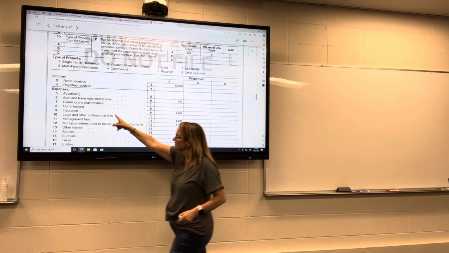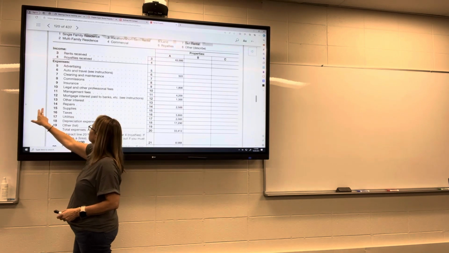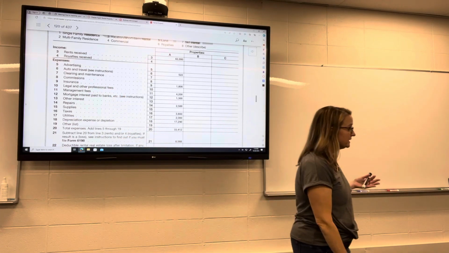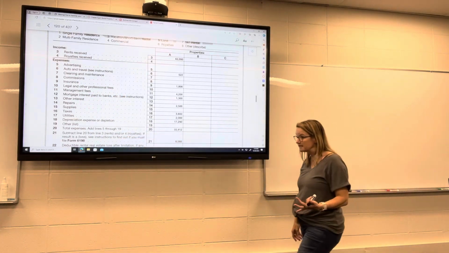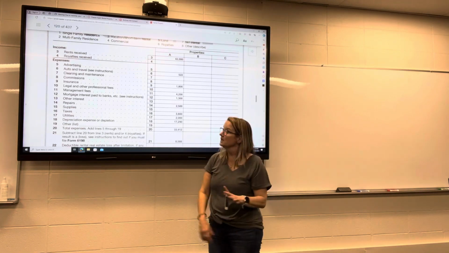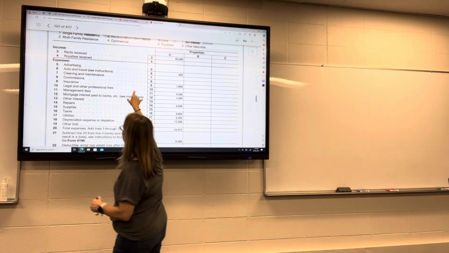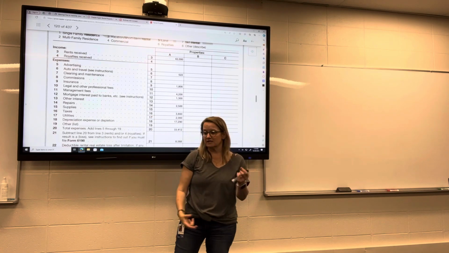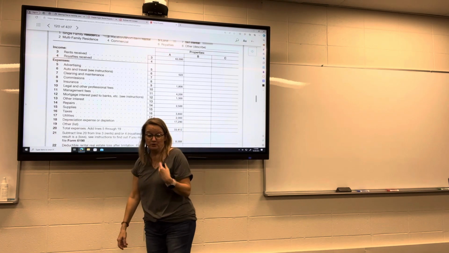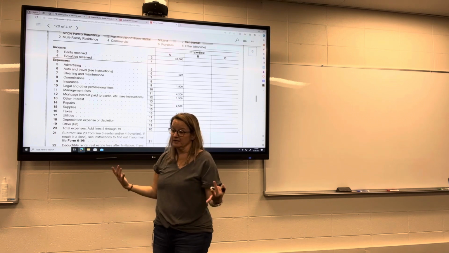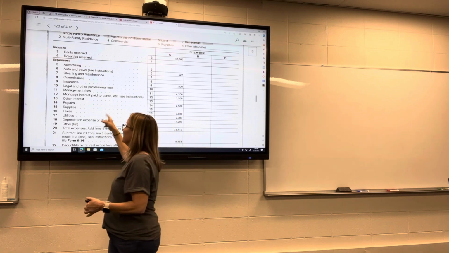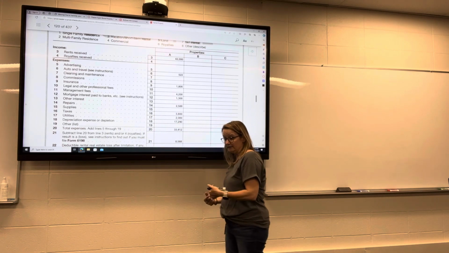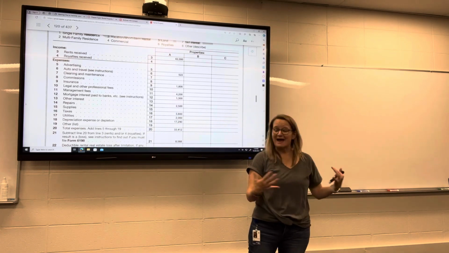You'll see a lot of these look familiar, right? A lot of these categories are similar to the expense categories that we had on the Schedule C. Some of them are a little bit different though. We didn't have management fees listed specifically on the Schedule C. That doesn't mean that we wouldn't necessarily have management fees for something on the Schedule C, but management fees are very common with regard to rental income, because it's passive income.